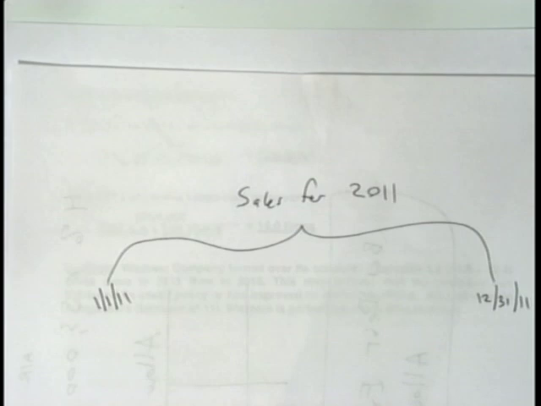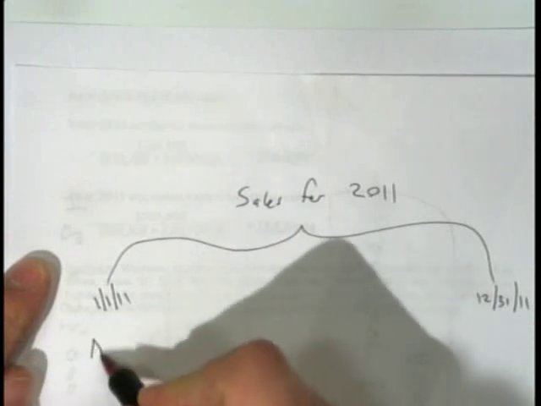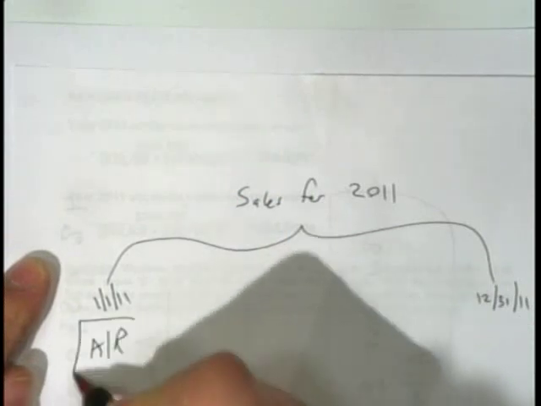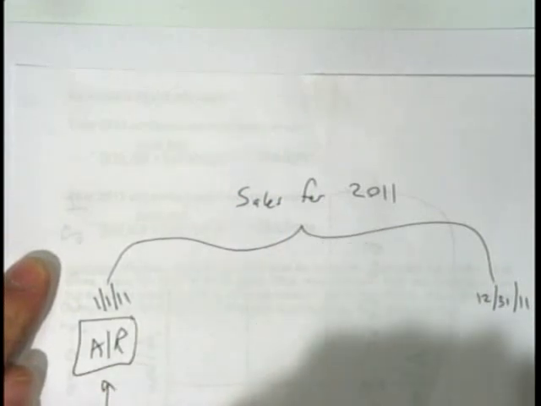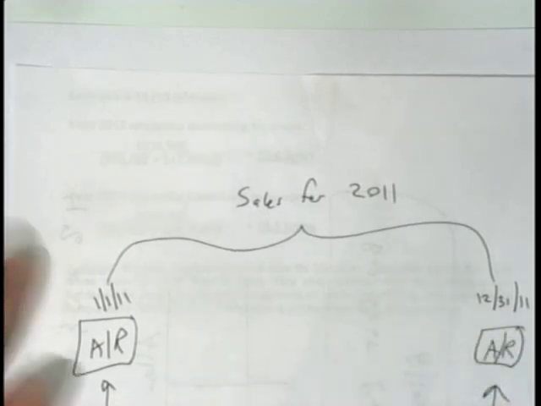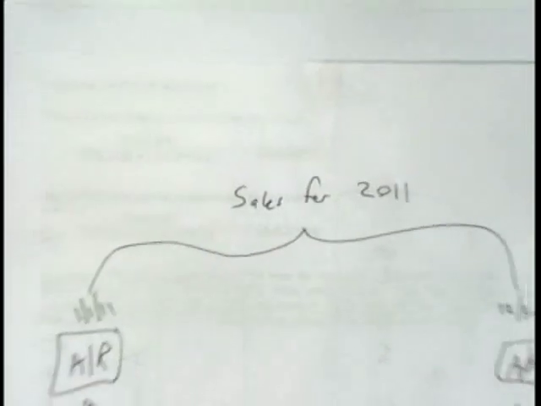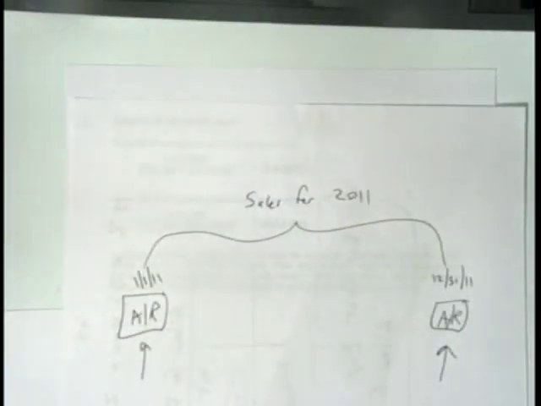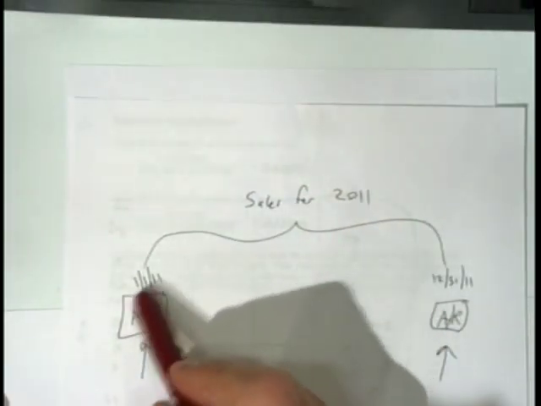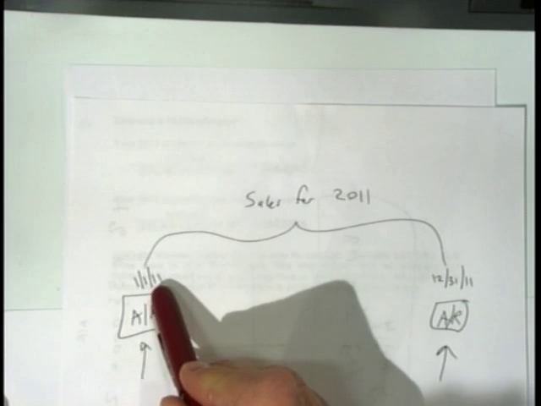So you have to divide that by the AR at that point right there and the AR at that point right there. Does that make sense? And of course your January 1, 2011 AR balance would be the same thing as December 31 of 10.